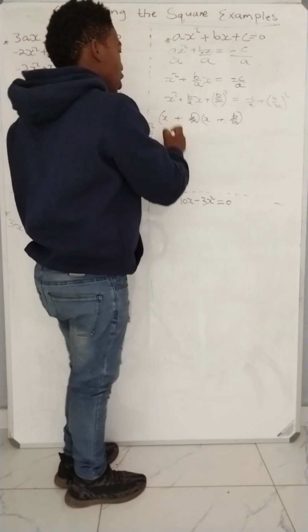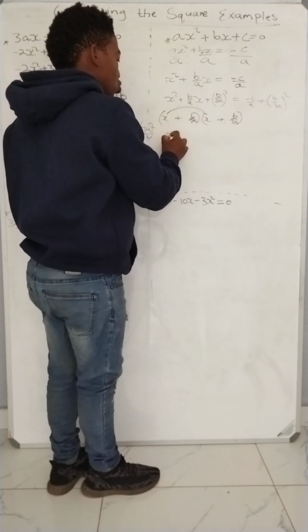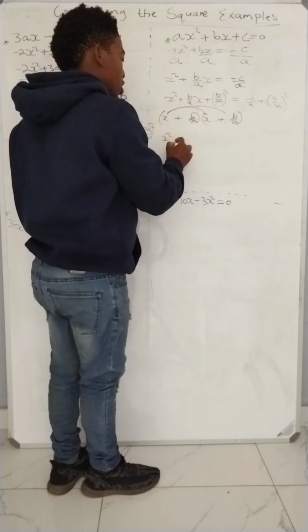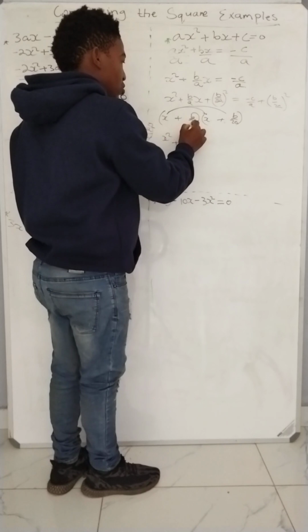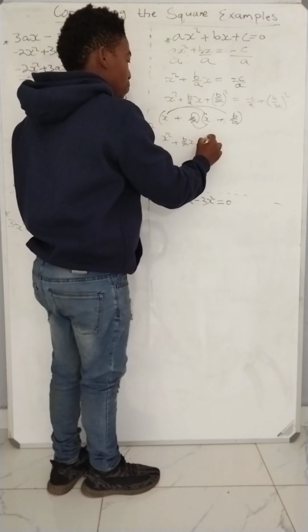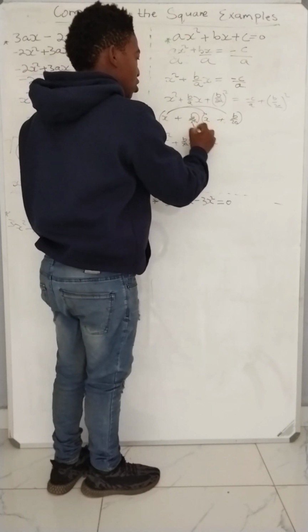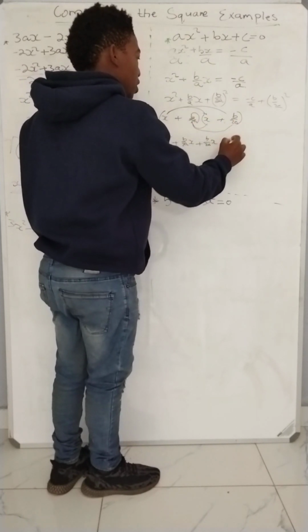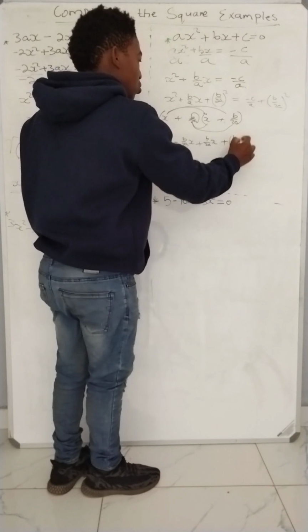For example, x into x, we get x squared. If you say x times this, you get plus b over 2a x. You say that, you get b over 2a x. Then this times that, you get plus b over 2a squared.